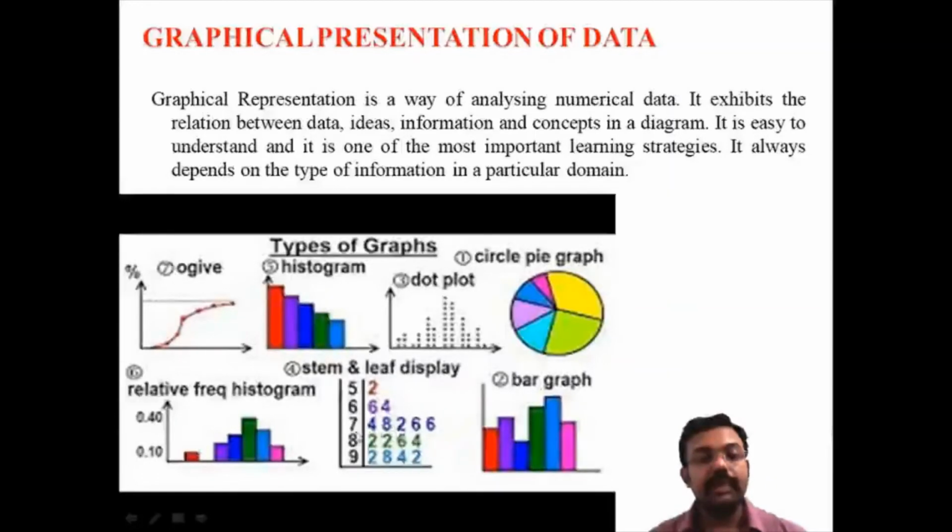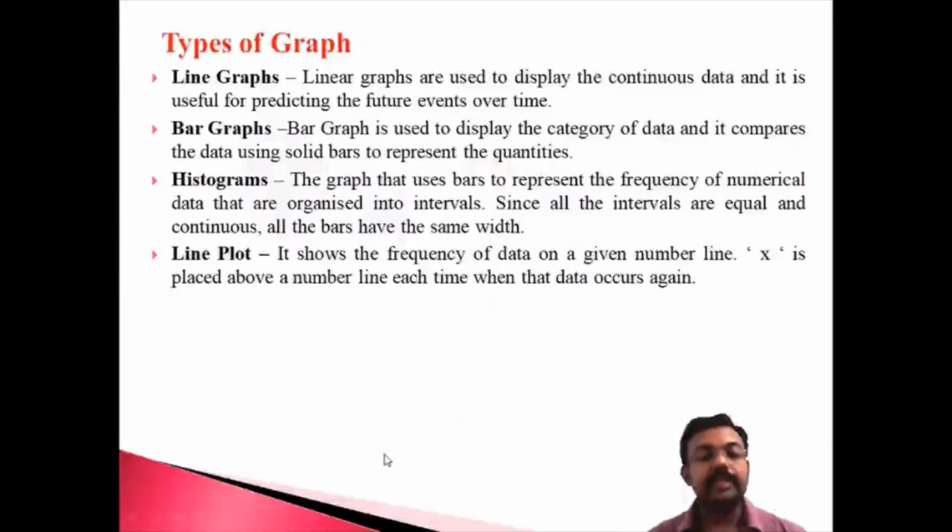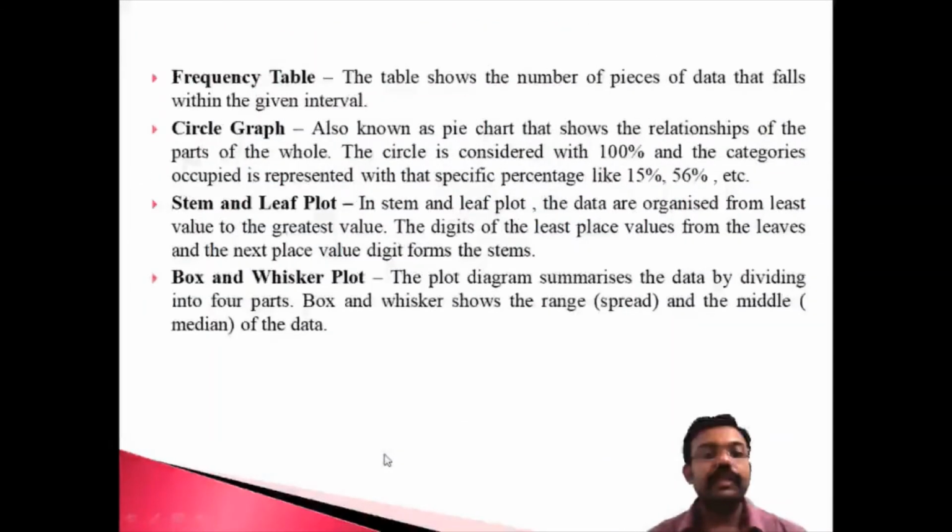That category of diagram is known as the stem and leaf plot. The digits in the least place values form the leaves, and the digits in the next place values form the stems. This term is known as the stem and leaf plot.